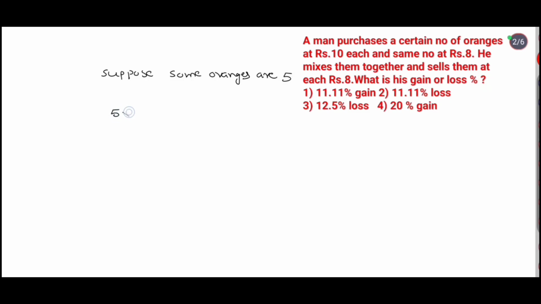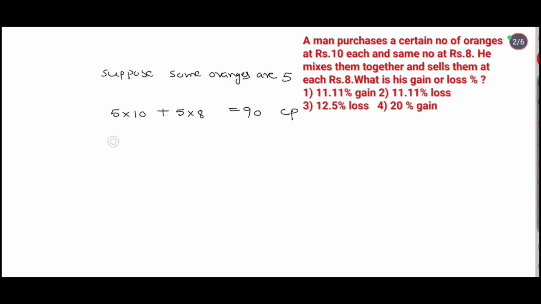Five multiplied by 10, plus at the other rate, 5 multiplied by 8. There are 5 oranges of each, at different rates of 10 and 8. So the total amount is 5 10s are 50, 5 8s are 40, total 90.